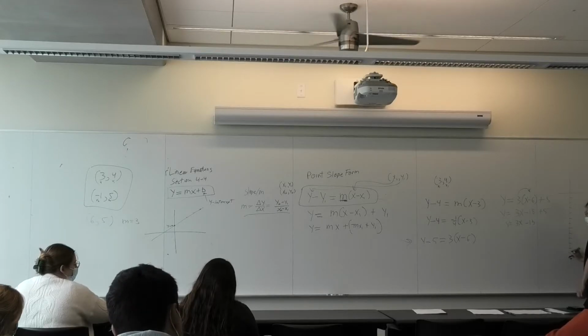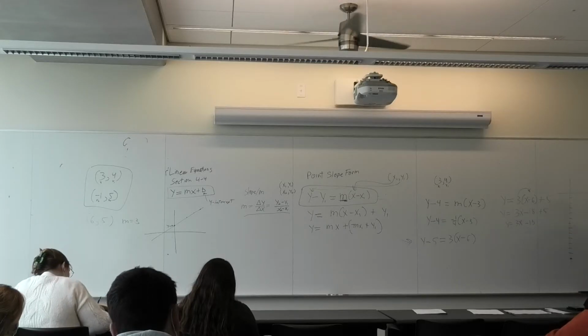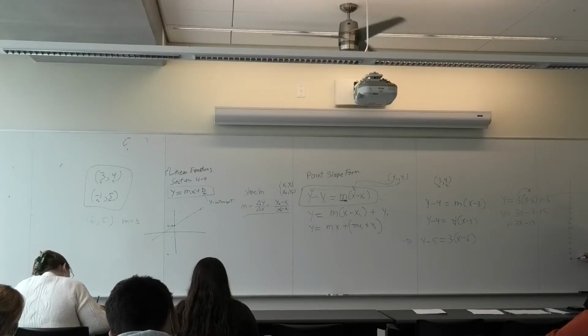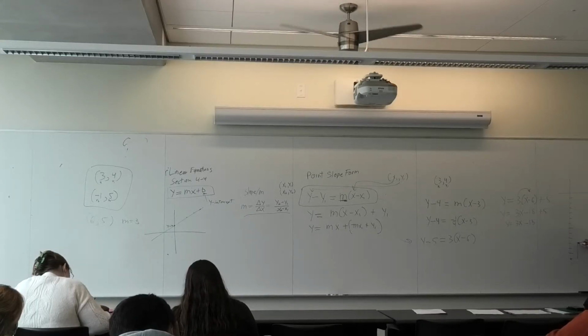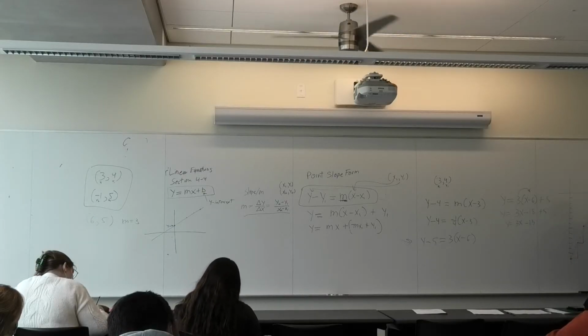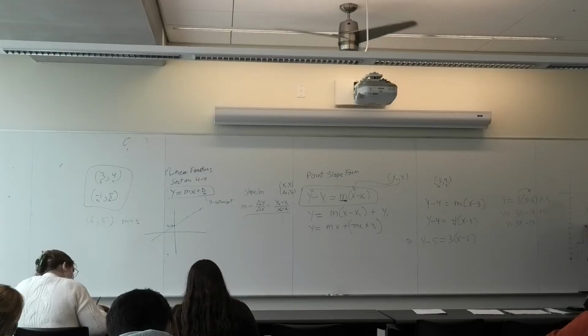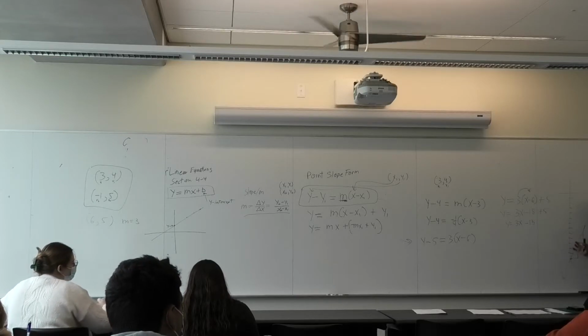That's my y-intercept, minus 13. And my slope is 3, which means I go over 1, I go up 3. I go over 1, I go up 3. No, I didn't draw that quite right. There we go. So there's my line. That's how I would graph one of these.